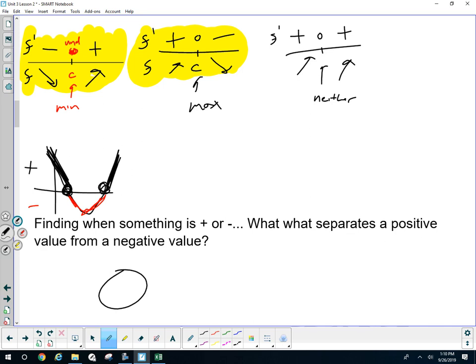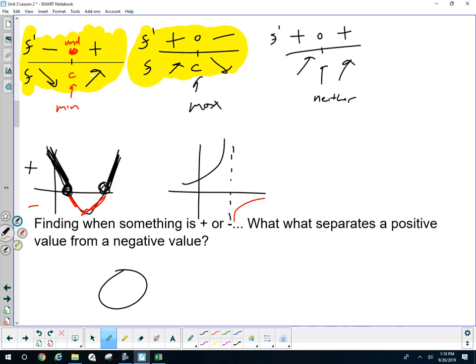What's another situation that I could have where I go from positive values to negative values, but I'm not separating by zeros? An asymptote. Very good. If I had an asymptote, I could go from positive values to negative values. What is going on at this asymptote?